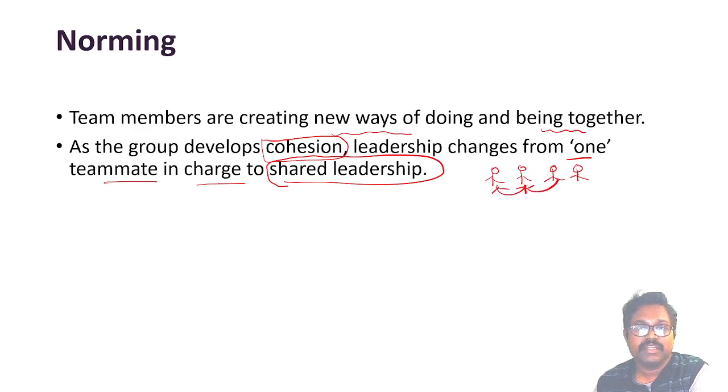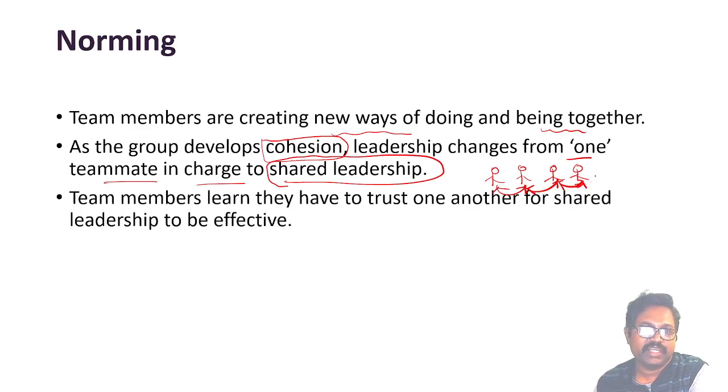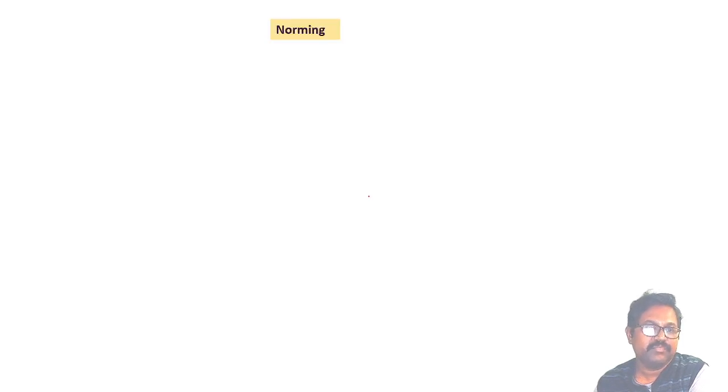It will be a two-way discussion, and individually they will be respecting each other's opinions. Team members learn to have trust among one another for the shared leadership to be effective. So they try to understand and build trust among each other.